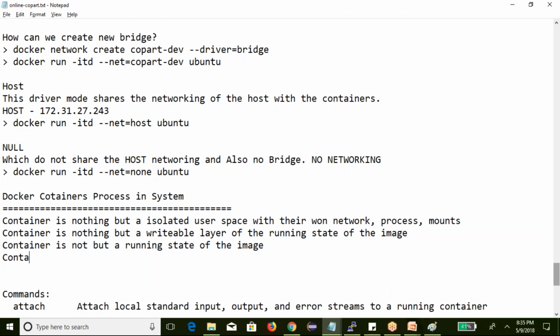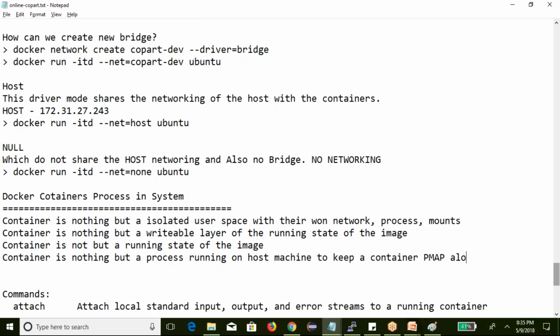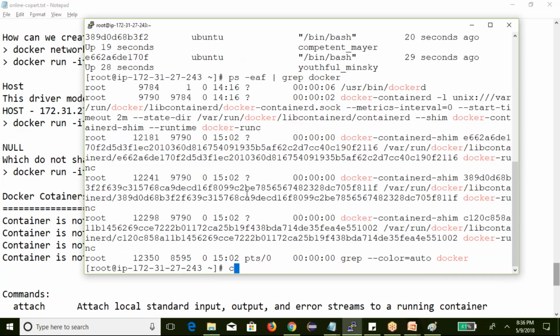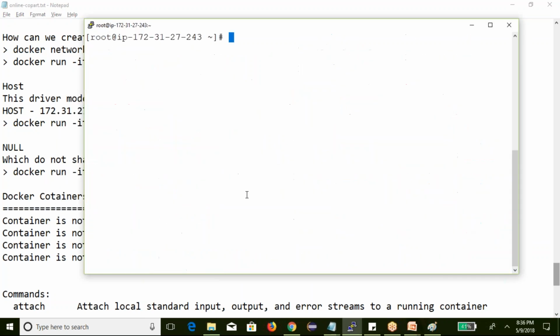Fourth statement, which I write now: a container is nothing but a process running on the host machine to keep a container's process map alive. Did you understand this?